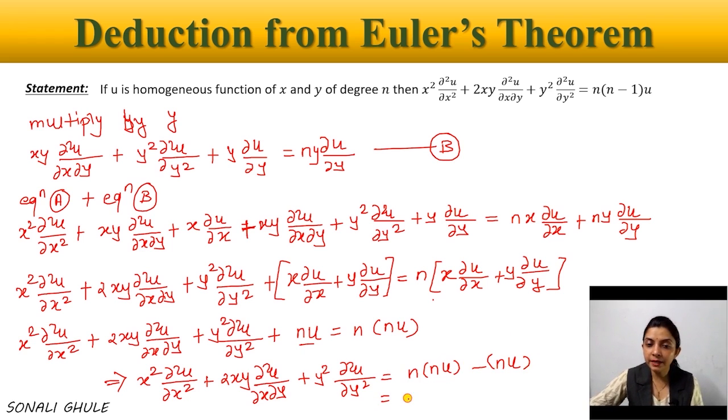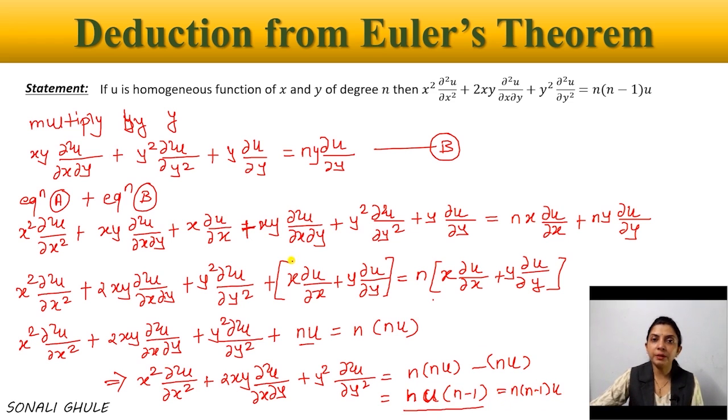If I take n into u common, what is remaining? n minus 1. And you can check, this is our required term, n into n minus 1 into u.